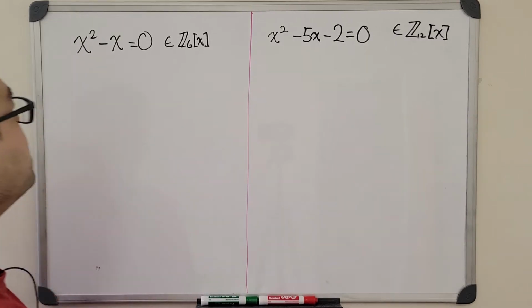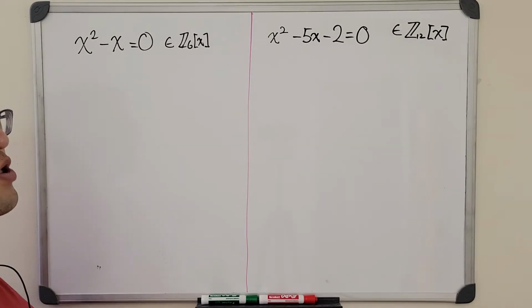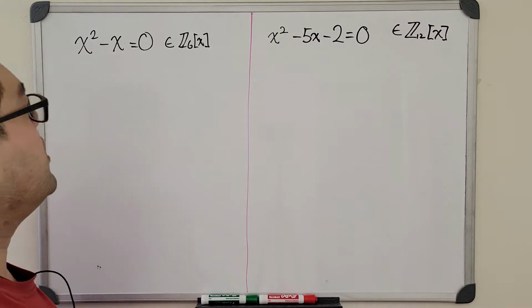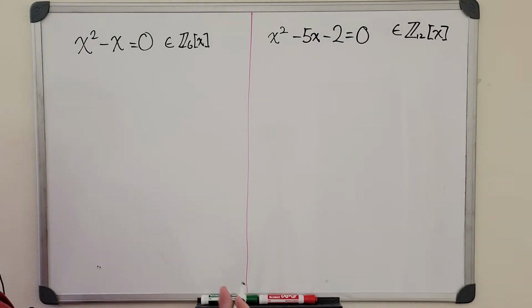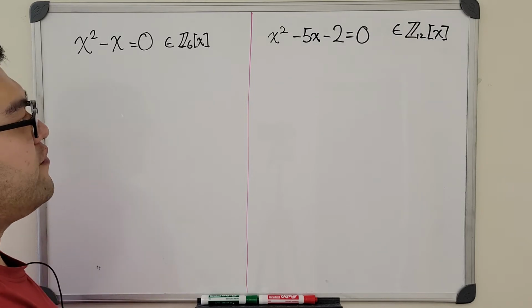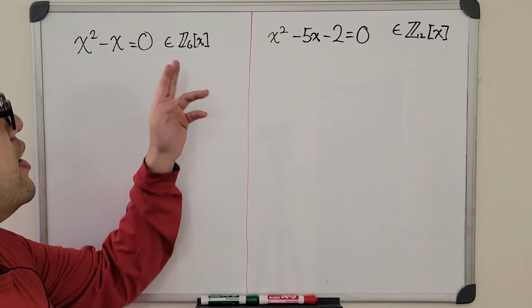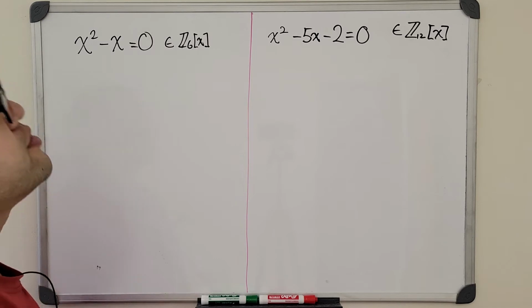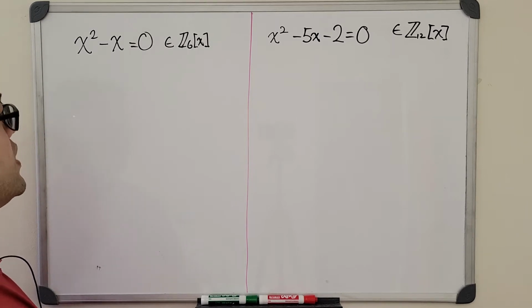Ready? Here we go. We can still use the quadratic formula that we know to help us solve the equations. But since they're not fields anymore, and the numbers are not prime numbers, we need to be very careful when we do divisions.